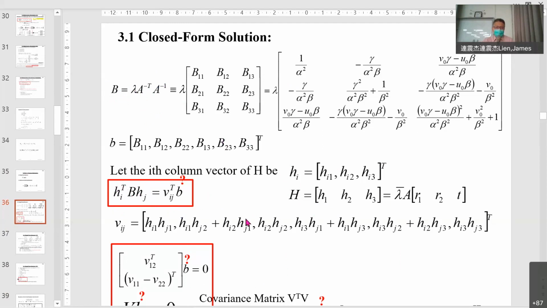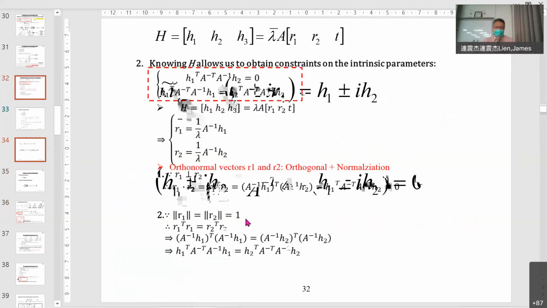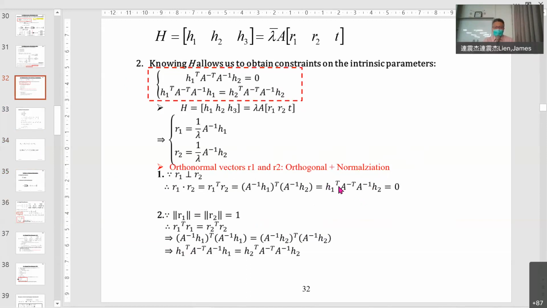What is this term? This term equals both of these terms. And then we define A inverse this one to become B. So we define these as B. This is one equation, and there is the second equation.